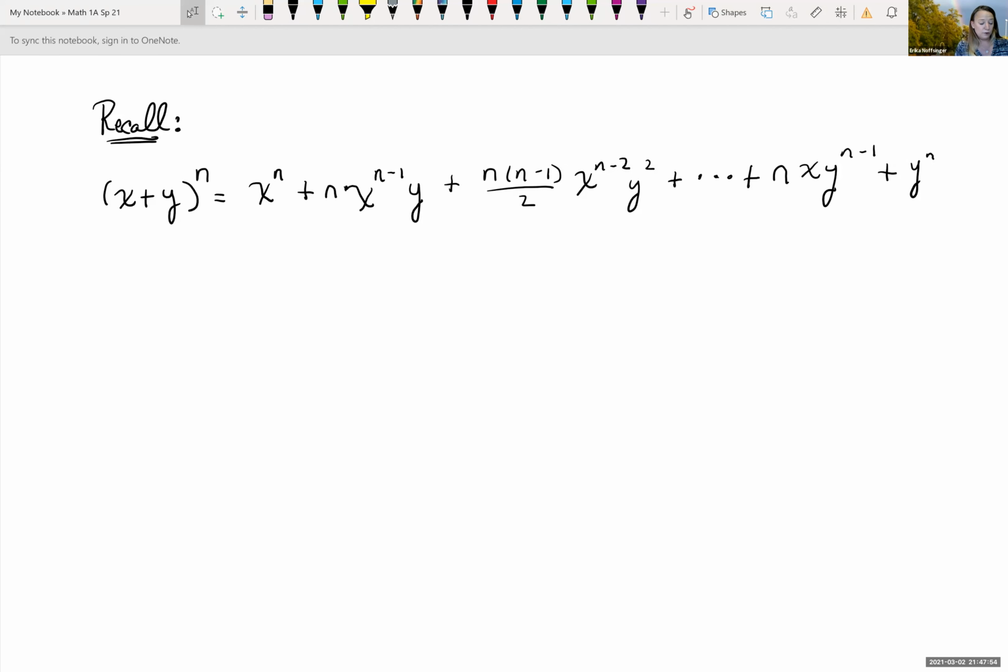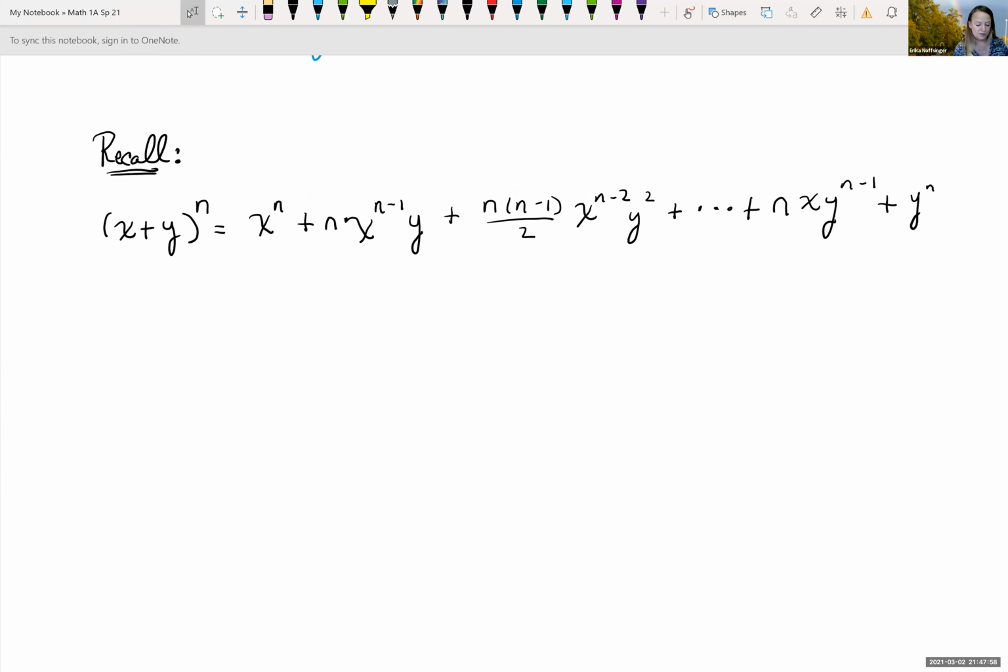Okay, so we're going to prove a great technique to take the derivative, and that is the power rule. So maybe I should write the power rule there. And below is a rule on how to take x plus y raised to some power of n, where n is a real number.